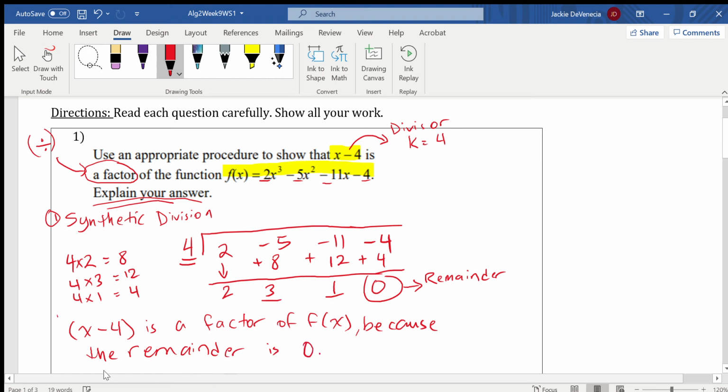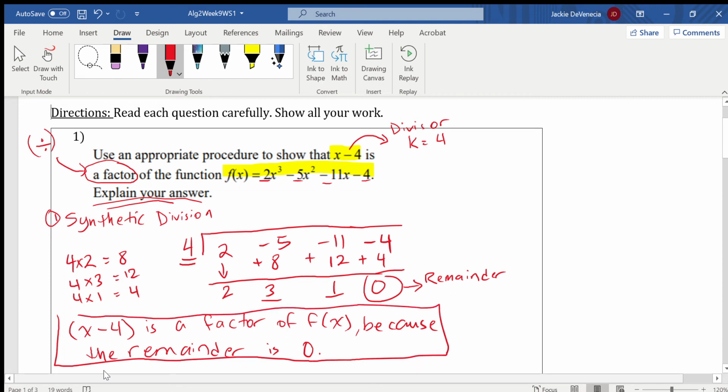Usually if the remainder is 0, that means this polynomial divides completely into this, and that's all we need for this answer. So that's one way of solving this question. You can do synthetic division.